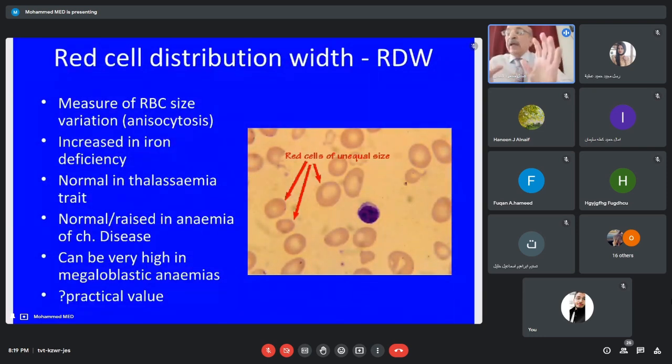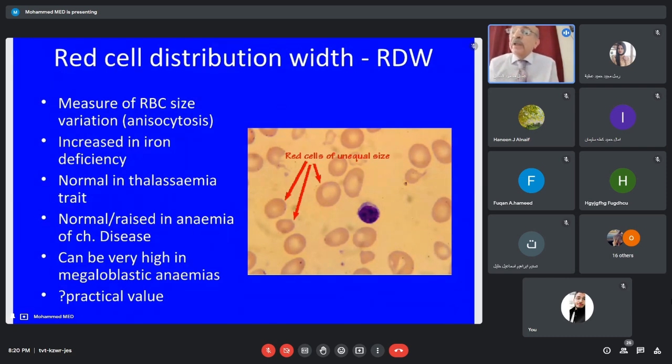We did say that iron deficiency and thalassemia, both of them cause microcytic anemia, okay? But in iron deficiency, the RDW is usually high, while in thalassemia it remains within the normal limits, but the diagnostic value of this test is not very high.